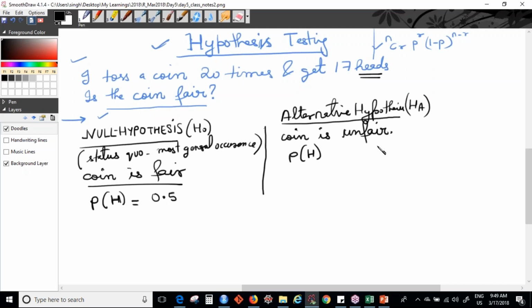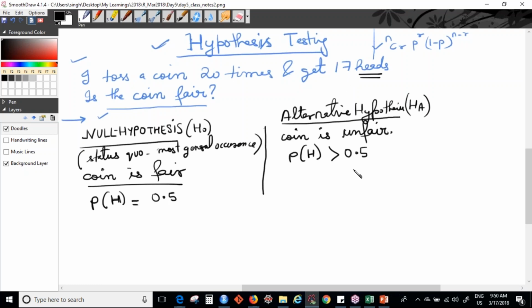It will be greater than 0.5. You cannot say 1. If your probability was 1, you would have gotten 20 heads, not 17 heads. That means it is slightly less than 1. If it was exactly 1, you would always get head and never get tails. But here you got 3 tails. So it is slightly less than 1, but definitely greater than 0.5.